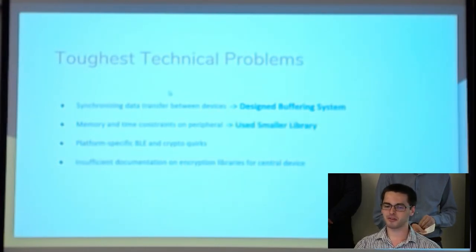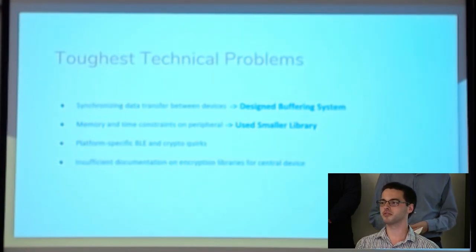As far as the memory and time constraints, we had to choose a library that was small enough to fit on the board, but fast enough to be useful. In this case, the AES algorithm can be a lot faster, but you need a lot more space to pull it off.